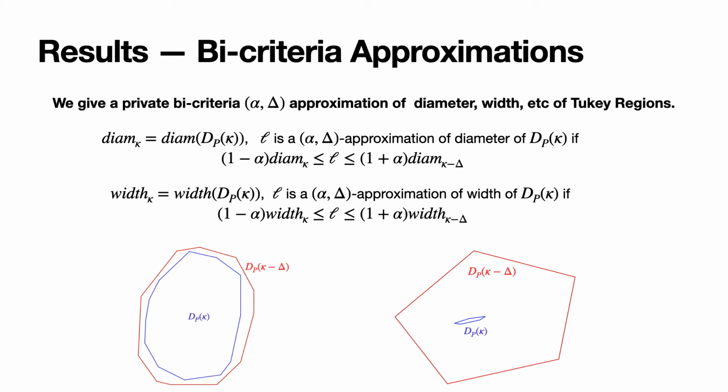However, for the right figure, where the kappa minus delta Tukey region is much larger than the kappa Tukey region, if L is an alpha-delta approximation of the diameter of the kappa Tukey region, it may differ a lot from the true diameter of the kappa Tukey region.